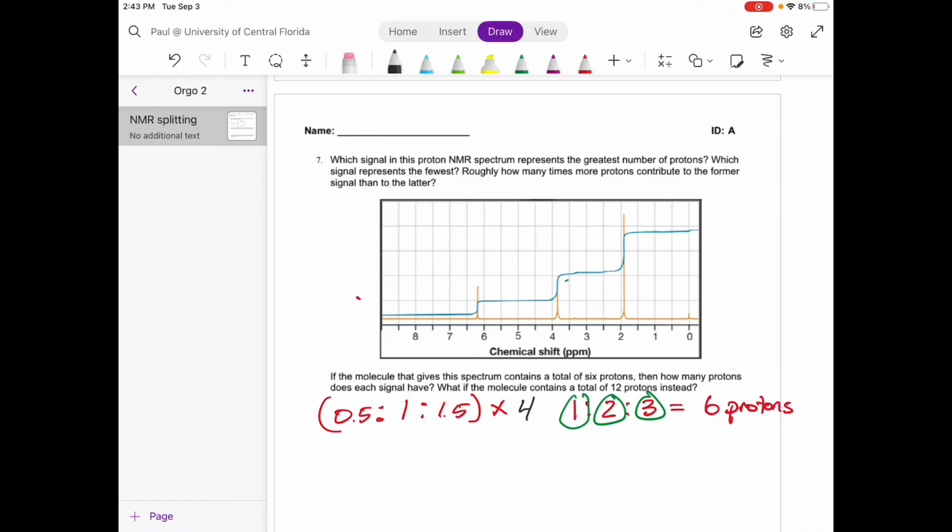What's that going to do to these numbers here? If I do it by 2, 0.5 times 2 equals 1. Sorry, by 4: 0.5 times 4 equals 2, 1 times 4 is 4, and 1.5 times 4 would be what? 6.